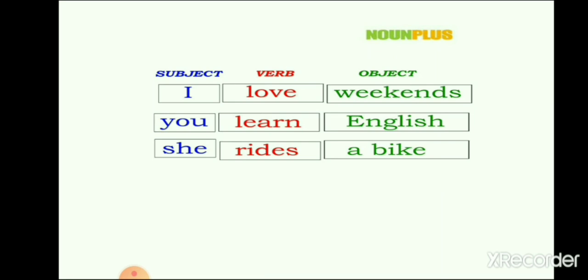This is very important for a sentence. The actions are always performed by the subject. In these sentences, the verbs, the actions, are love, learn, rides. These are all actions done by the subjects I, you, she. So the action performed by the subject is called a verb.